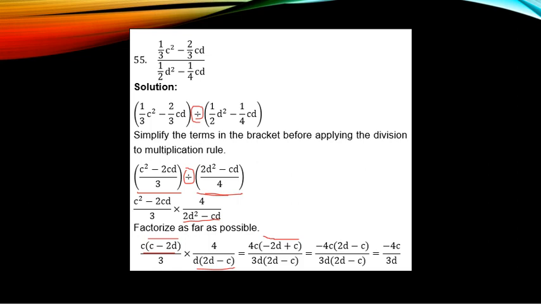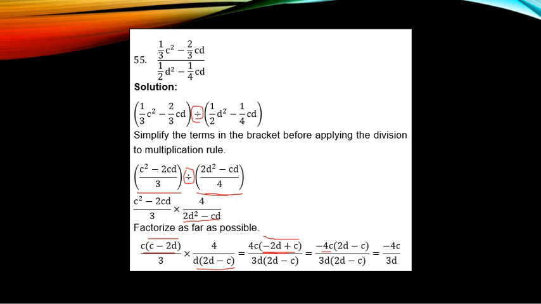You know, this c here is plus. If you are taking minus 2d outside, then c will carry the plus sign. What we want to get is 2d minus c. So let's factor out minus 1 from this place. If you factor out minus 1 and bring it outside, here you have minus 4c.